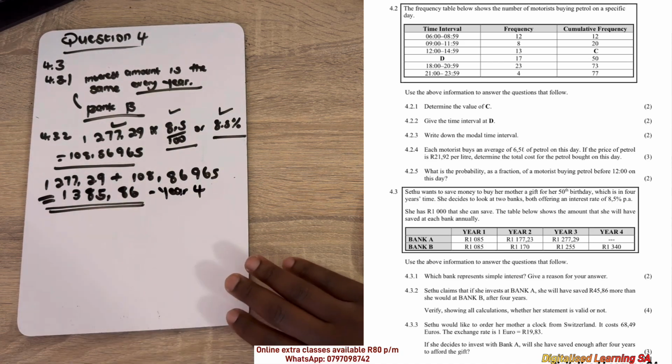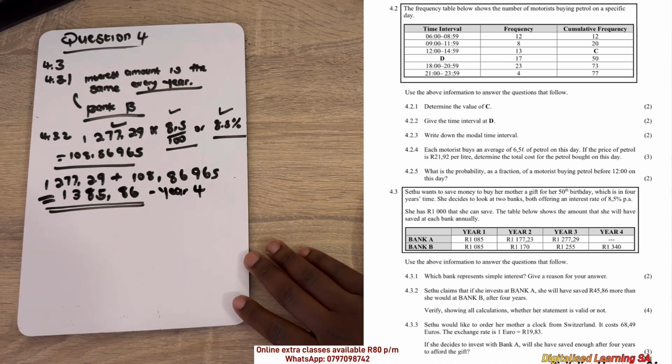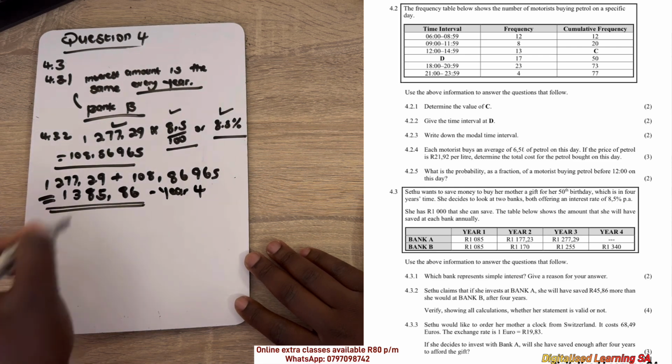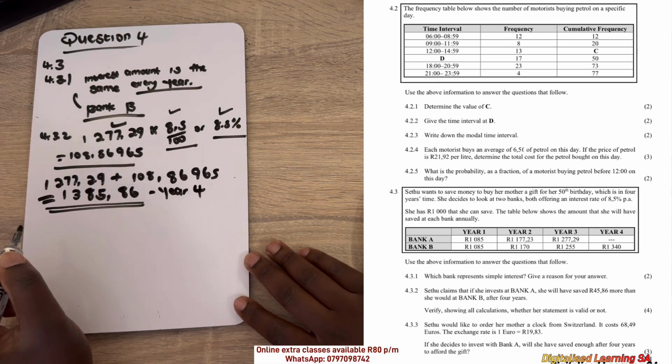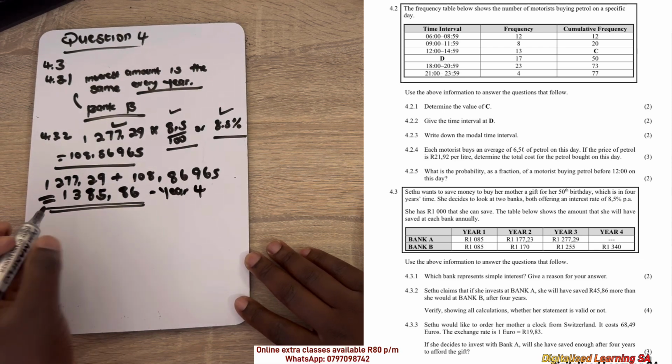Remember, the question is saying that Setu claims that if she invests at Bank A, she will have saved 45.86 more than if she invests at Bank B. So we can just find the difference between the two. This is for Bank A, and then for Bank B we have 1,340.